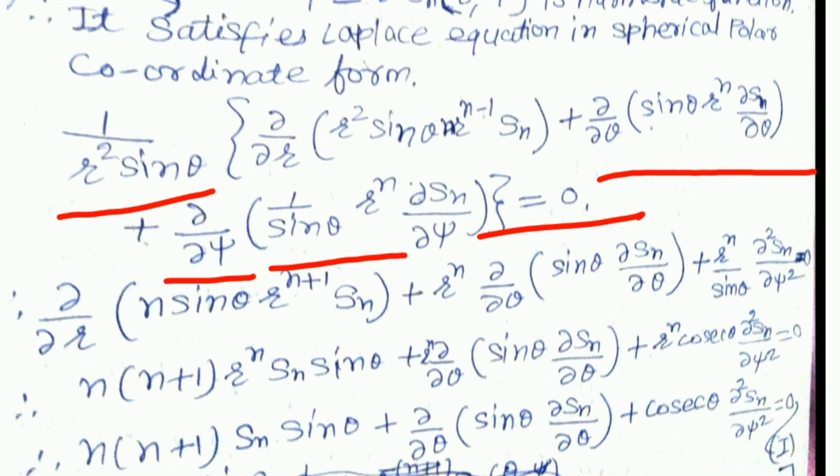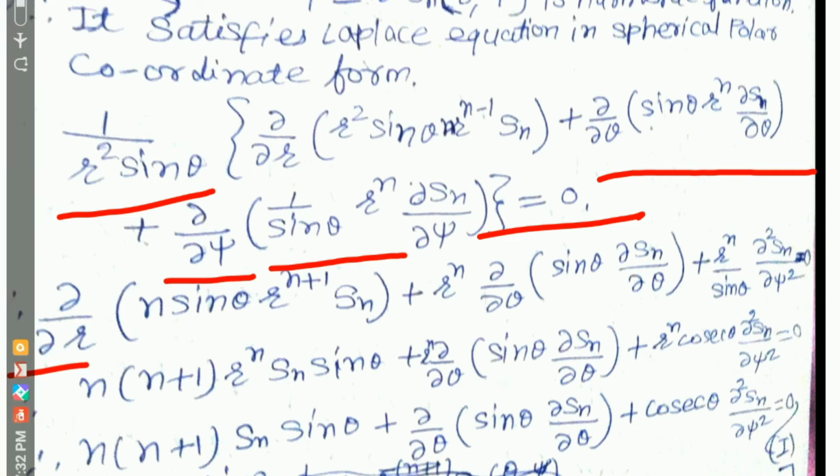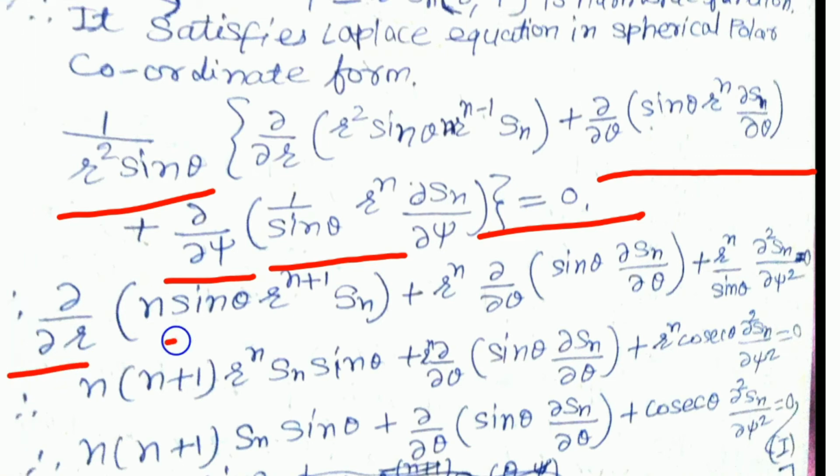So what we get? Dou by dou r of n sin theta into r to the power n plus 1 Sn, plus r to the power n into dou by dou theta of sin theta dou Sn by dou theta, plus r to the power n upon sin theta dou 2 Sn by dou psi square, which is equal to 0.